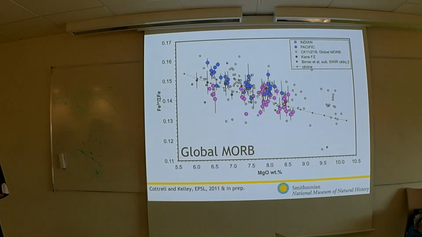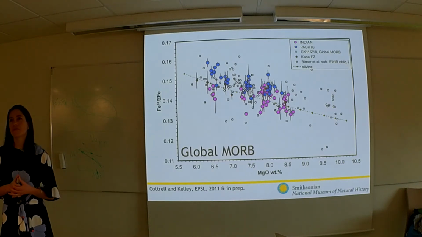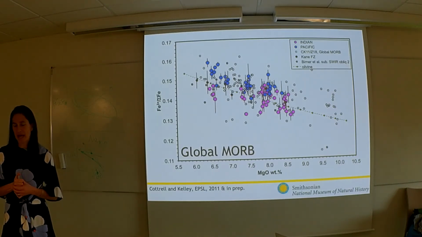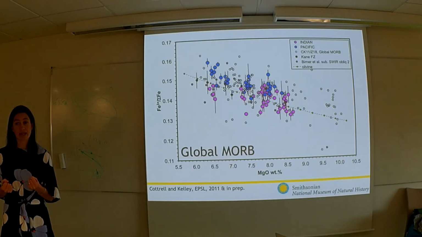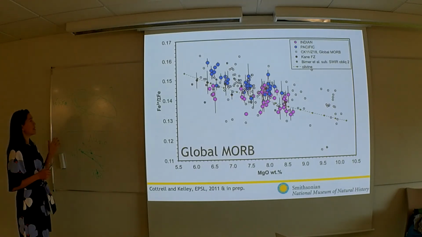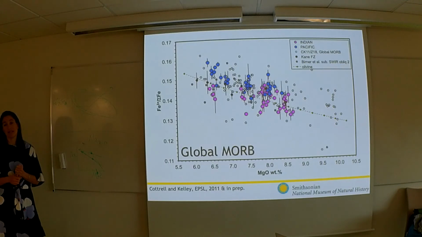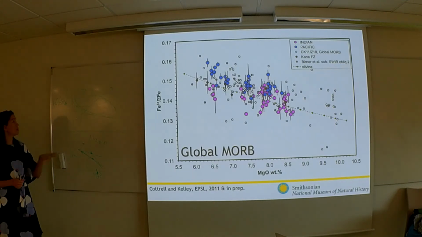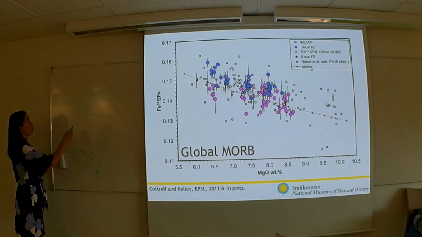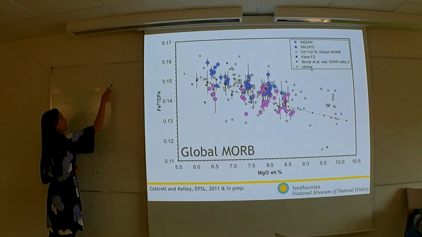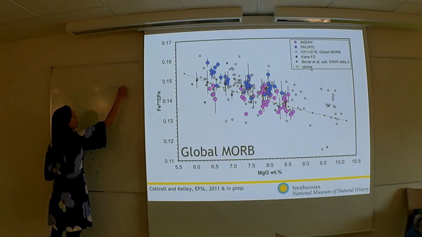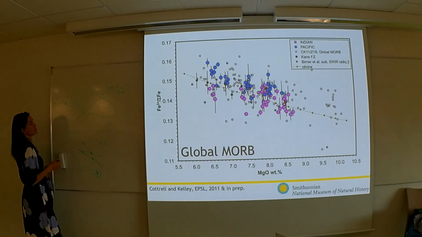So either 3+ iron is less incompatible than we imagined, perhaps because spinel holds a lot of it back. The xenolith studies would suggest that it's incompatible. This is definitely a place where we need a lot of experiments now to understand why we don't see a bulk D of 0.1.